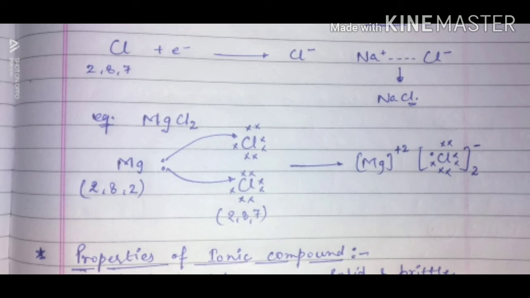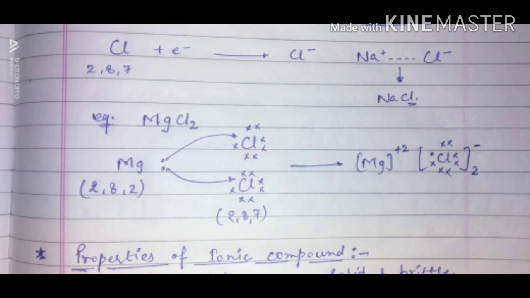So magnesium releases two electrons and forms two chloride ions. In the electron dot transfer structure, whenever we write the ions, the charge from the number of electrons released or gained we always write on the upper side of the bracket, while the number of ions we always write on the lower side.